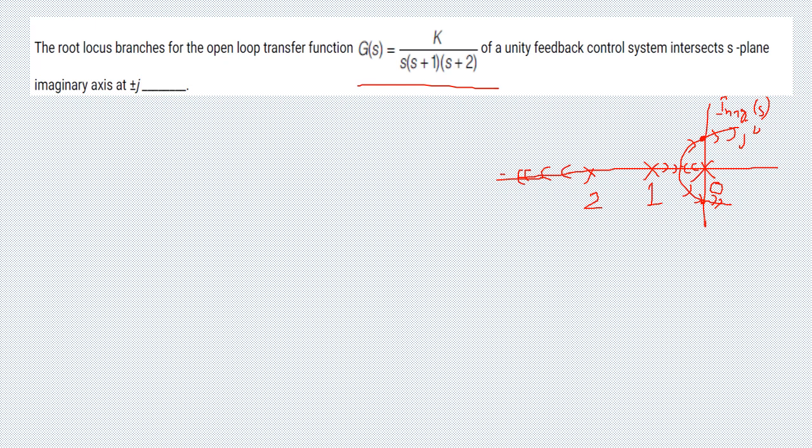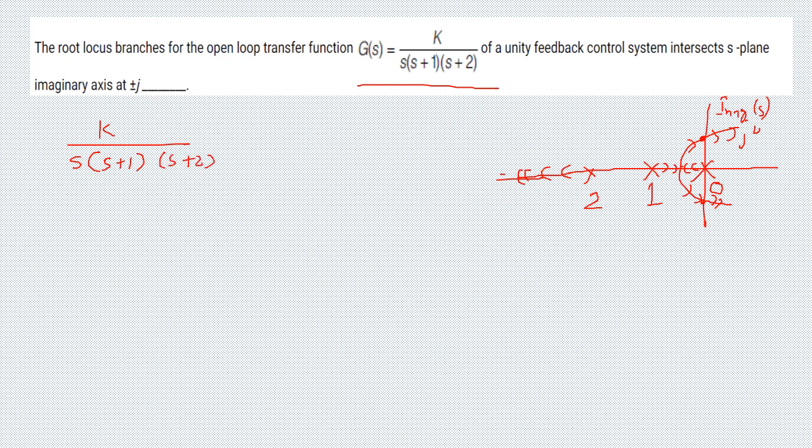This can be done in many ways, but the easiest way is using the Routh-Hurwitz criteria. What we can do is first form a characteristic equation and then use the condition such that we get the intersect along the j omega axis. So let's start. K over (s+1)(s+2) plus 1.